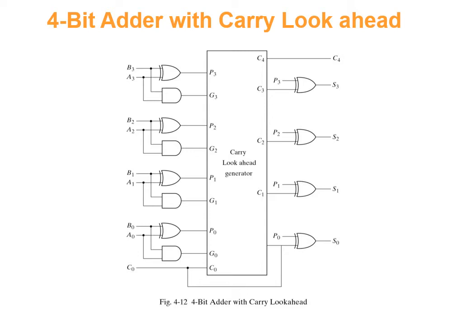C0 denotes the initial carry, which is an input carry. So the initial carry is C0 because it does not depend on any bits, and B0 A0 gives P0 G0 and B1 A1 gives P1 G1, which is shown in the carry look ahead generator, and it produces the carry C1.